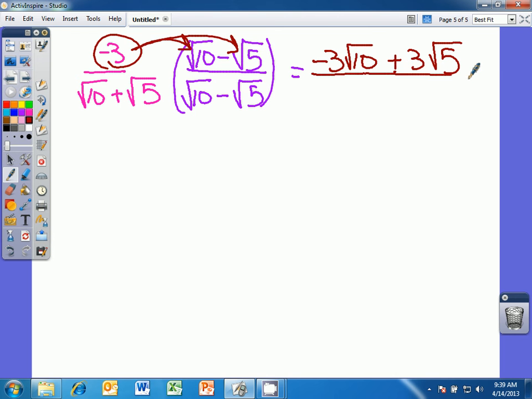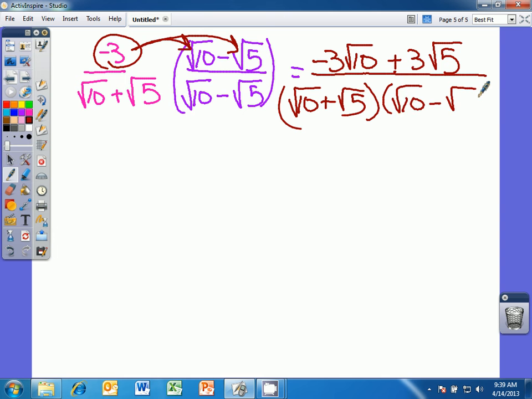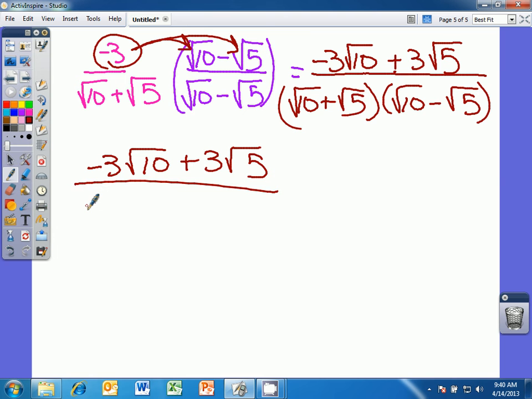If I use FOIL on my denominator, radical 10 plus radical 5 times radical 10 minus radical 5, we're going to find that all of our radical signs disappear from the denominator. So let's go ahead and do that. I'm going to carry the numerator down as is. And if I look at FOIL, radical 10 times radical 10, that's square root of 100.